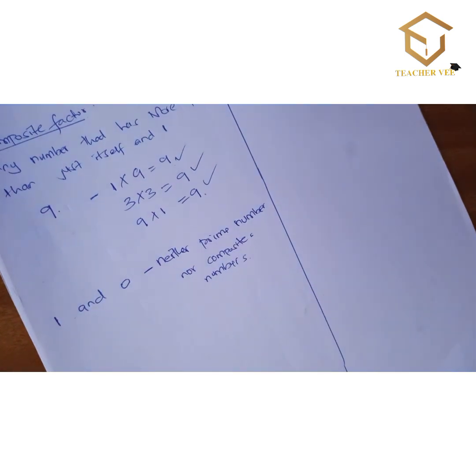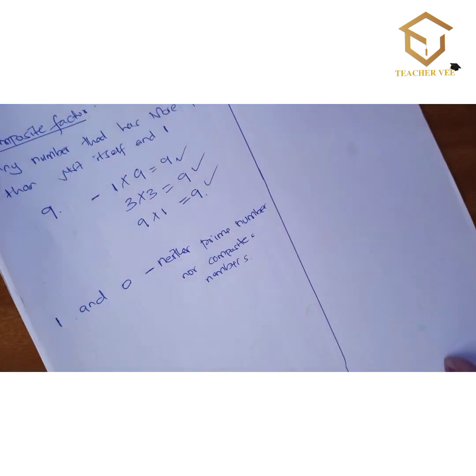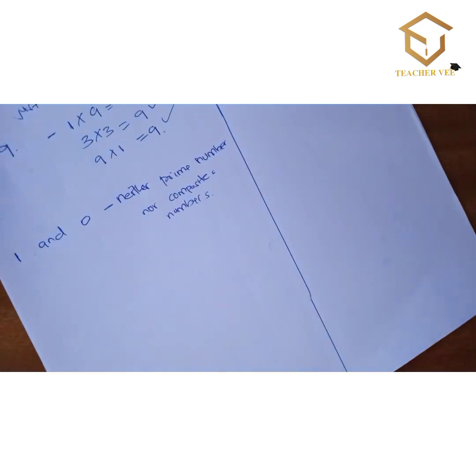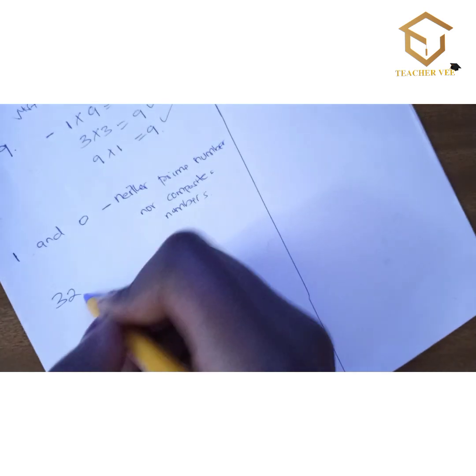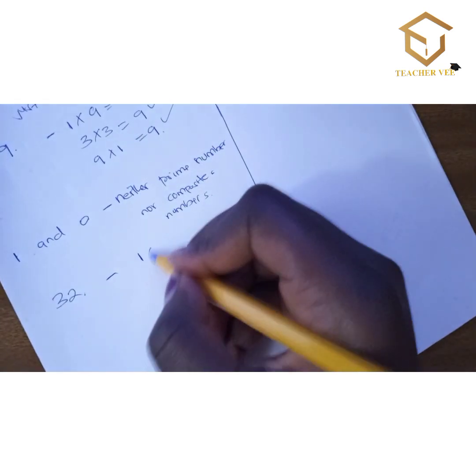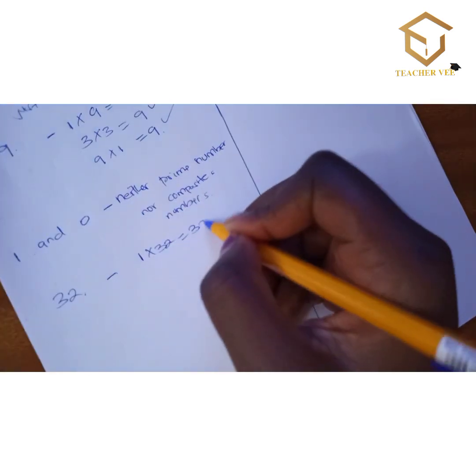Let me give another example for you to understand these composite factors. When you are given 32, you can multiply 1 by 32, you get 32.